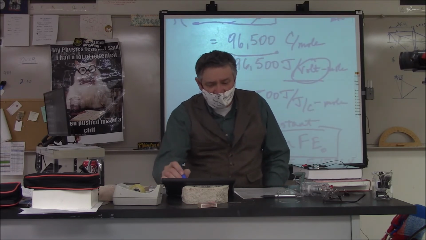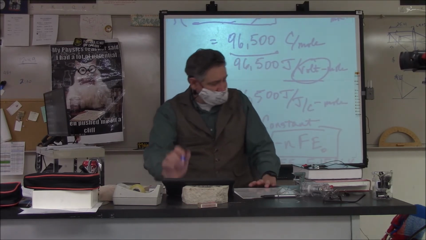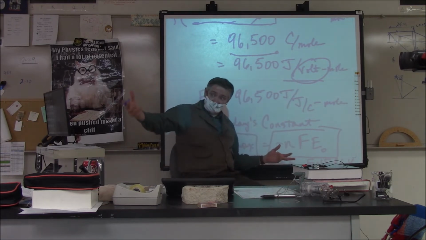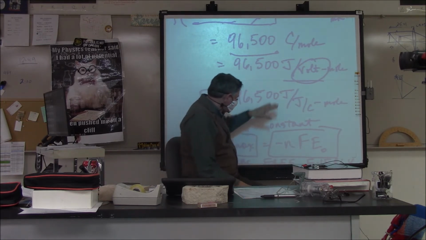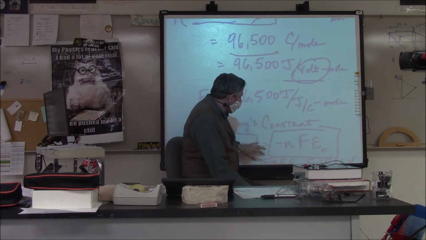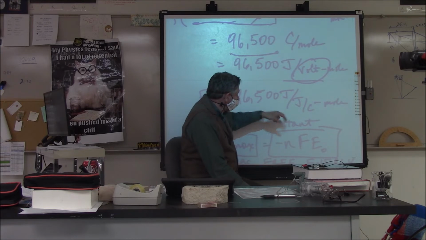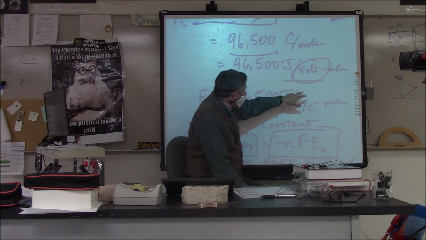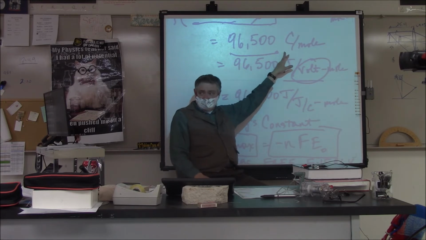So if you substitute in joules per coulomb for volts, which is what volts is a measure of, then the joules cancel out and you get coulombs per mole and you end up back where you started.